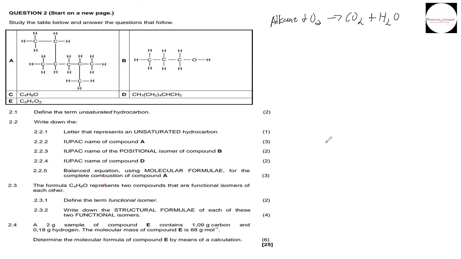So that's a combustion reaction. And then what are we supposed to do now? We should take our alkane, which we have identified as A, compound A. They're saying compound A because A is the alkane here. Now, what is the molecular formula of the alkane? We have to count how many carbons are here in total.